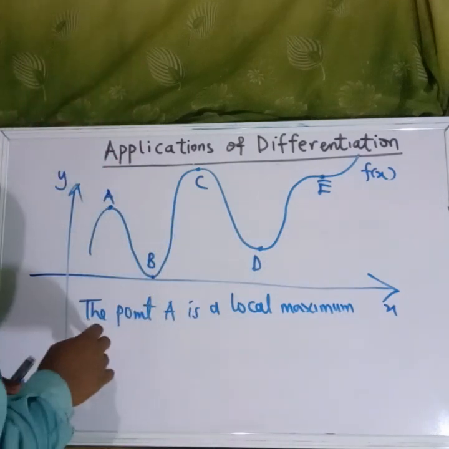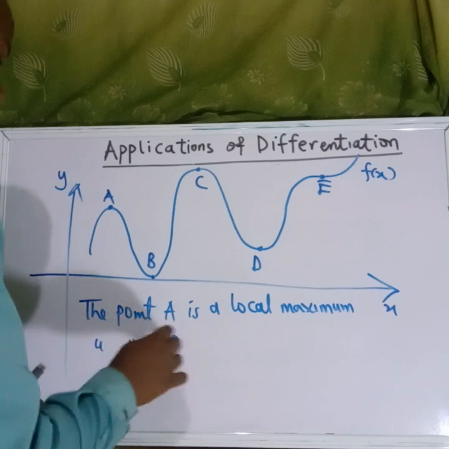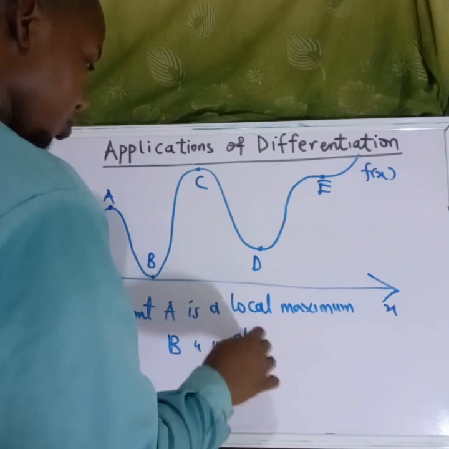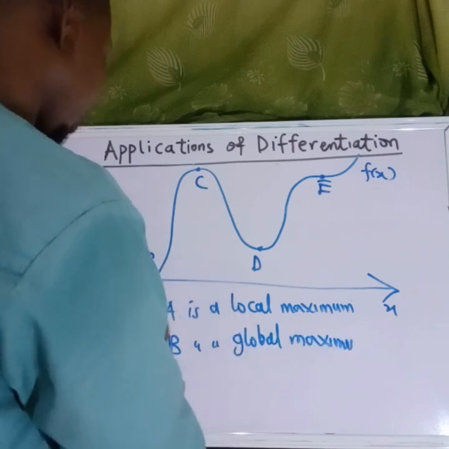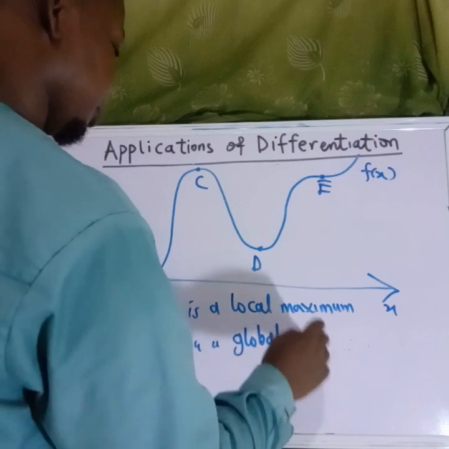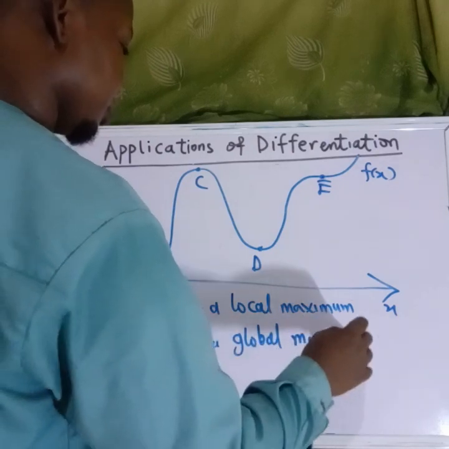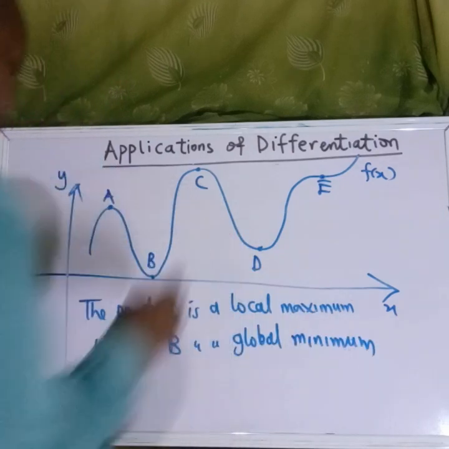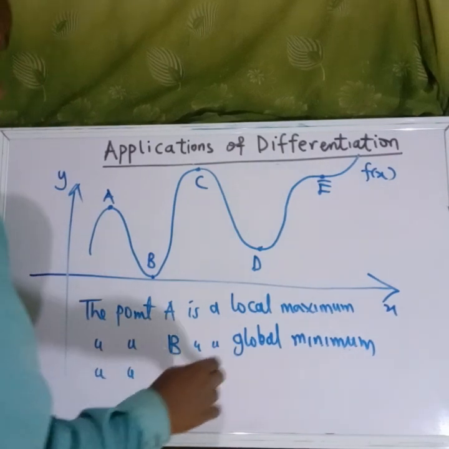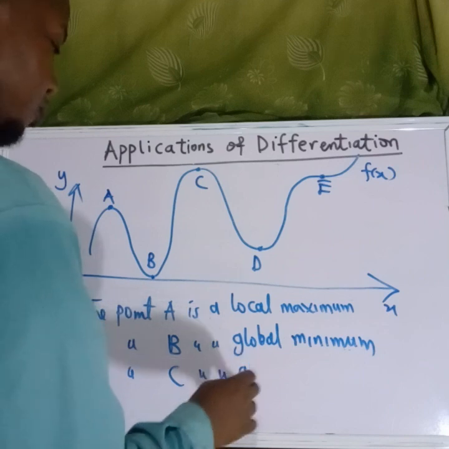So the point B here is a global minimum. And the point C, as we have it here, is also a global maximum.